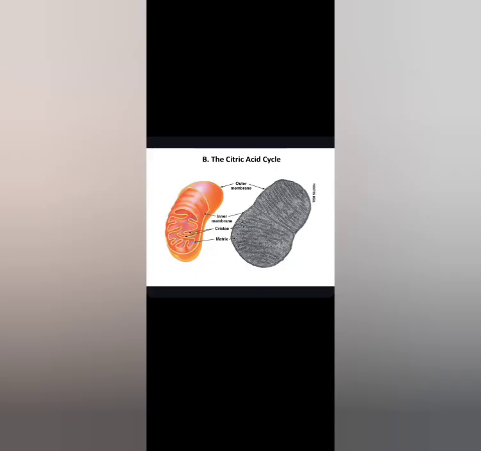In between glycolysis and the TCA cycle, there is something called pyruvate oxidation. Technically it's not glycolysis, and technically it's not the TCA cycle. It's an intermediary step because the product of glycolysis does not go directly into the citric acid cycle. Does that make sense?